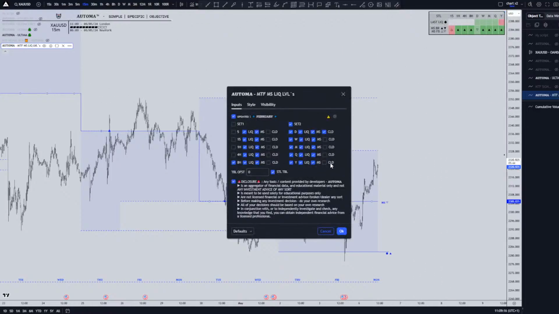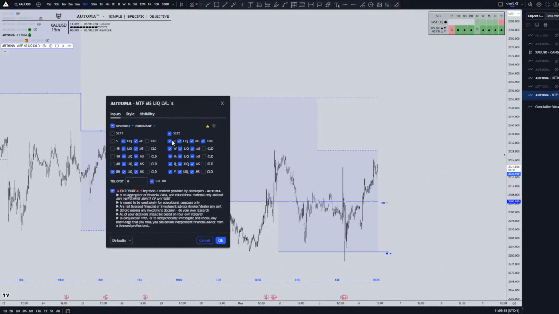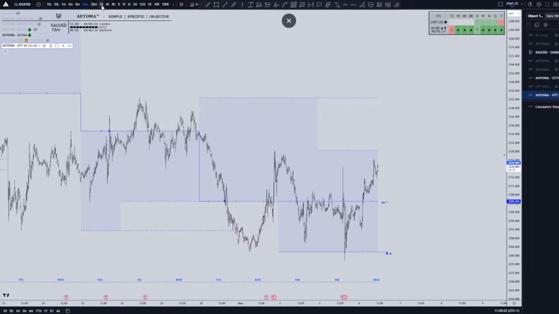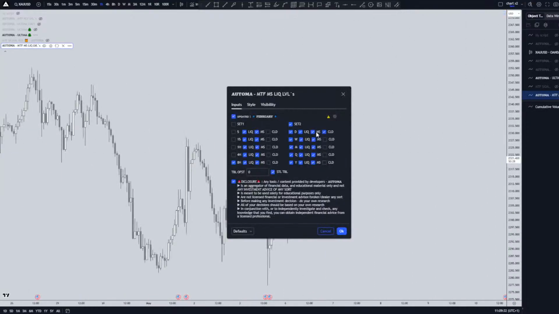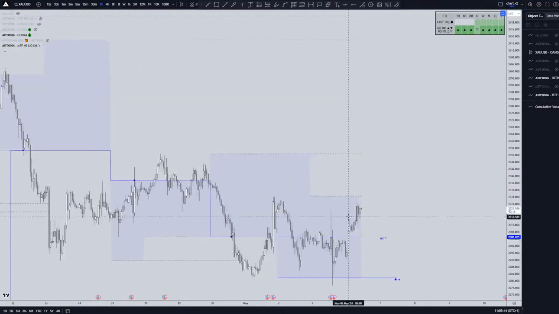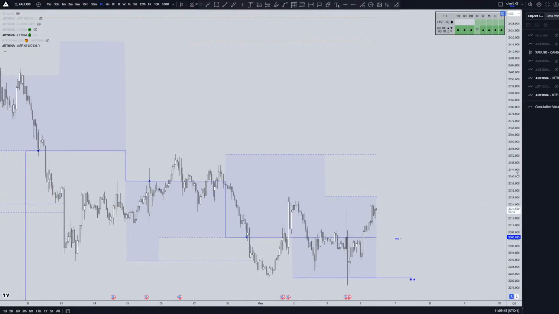Here we have set number 2 switched on. On the chart, if we go to the 1 hour time frame, we'll be able to see the dailies, weeklies, monthlies, quarterlies, and yearlies liquidity, all the liquidity levels, the market structure breakout levels, and the cloud if you apply it. I have the dailies cloud applied, so you can see the market structure cloud.